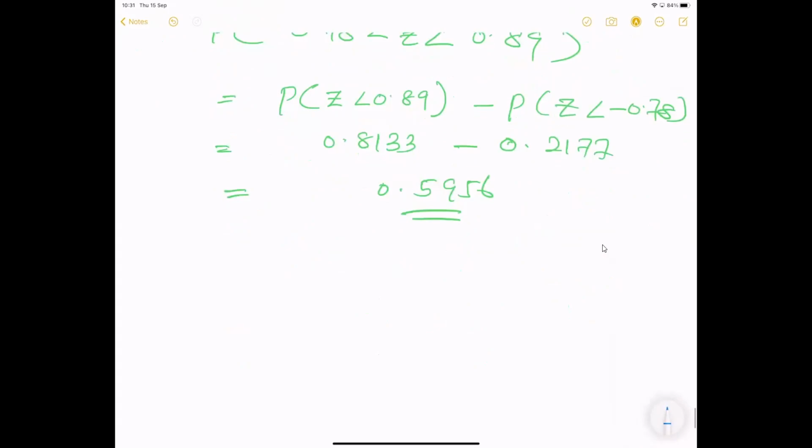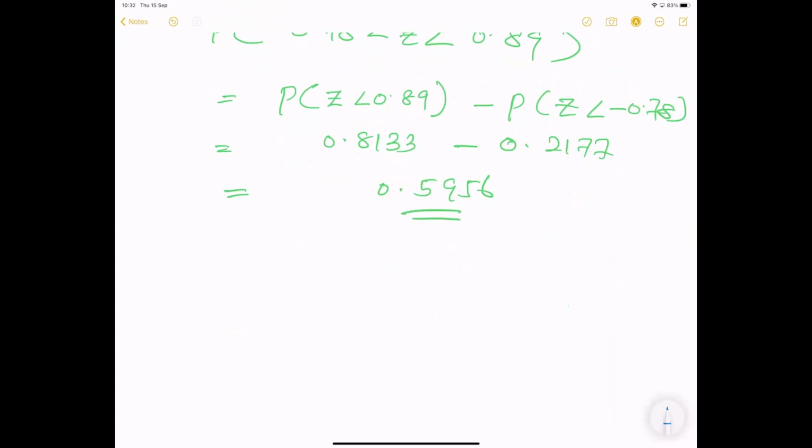Let's see the part D. What is the part D of that question? The length of pregnancy that 10% of all pregnancies last. Here they have given the probability.